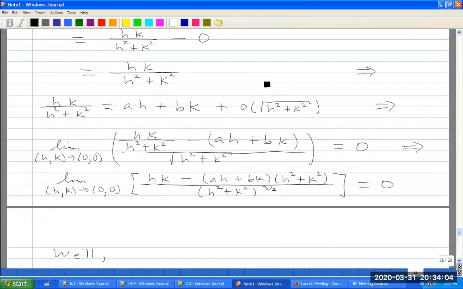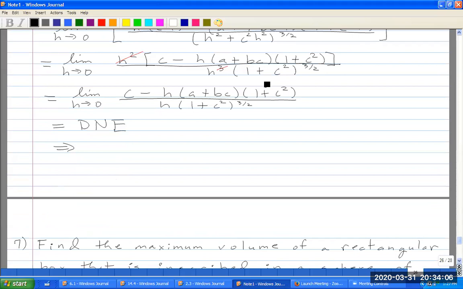So this implies that there is no such linear transformation. It means that f is not differentiable at the origin.